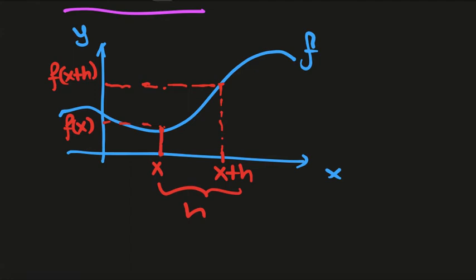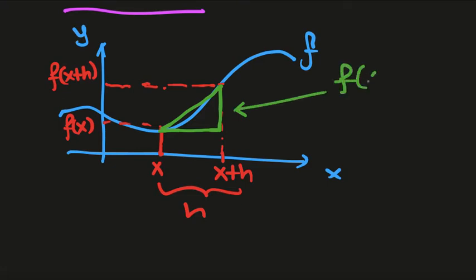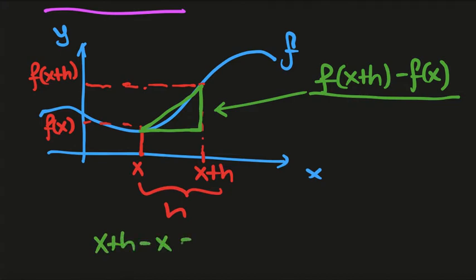Now I can do something rather silly, and that's connect the 2 points by a line, and then look at the slope of this line. That's just rise over run. The rise is f of x plus h minus f of x, and the run is x plus h minus x, which is just h.